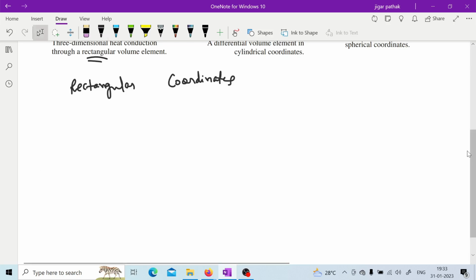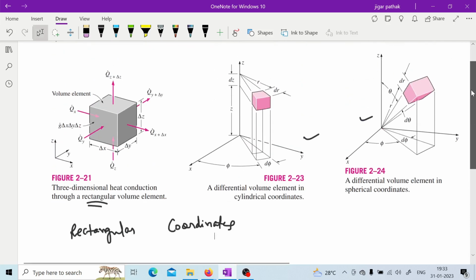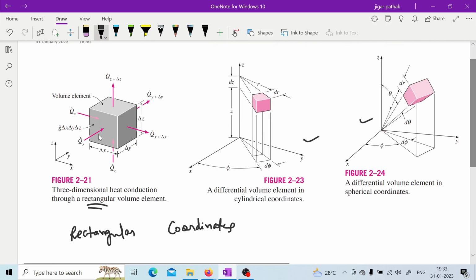So here, if you consider that element again, you have three different heat entrances, at x, at y, and at z. As we considered over there, in 1D you consider only one, but here you need to consider all three.